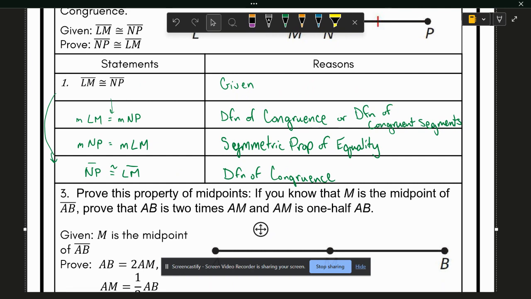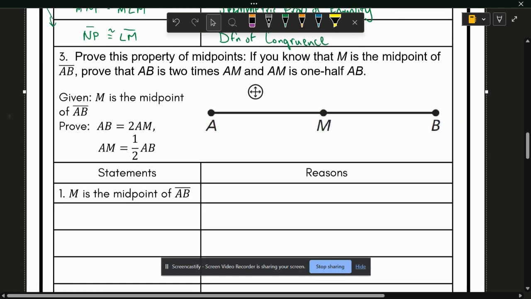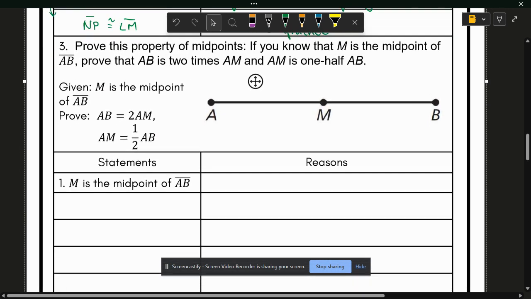Do you want me to take you through the last example? Yeah. Okay, let me take you through the last example here, and then we'll talk after I shut the video off. So prove this property of midpoints. If you know that M is the midpoint of AB, prove that AB is 2 times AM, and AM is 1/2 of AB.